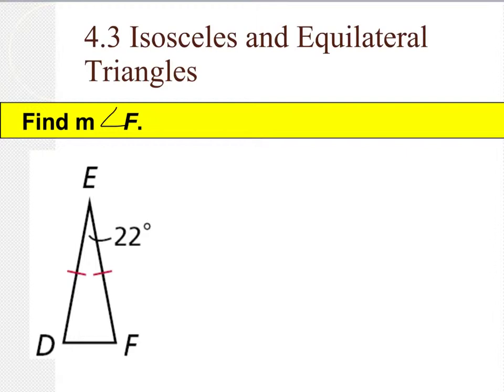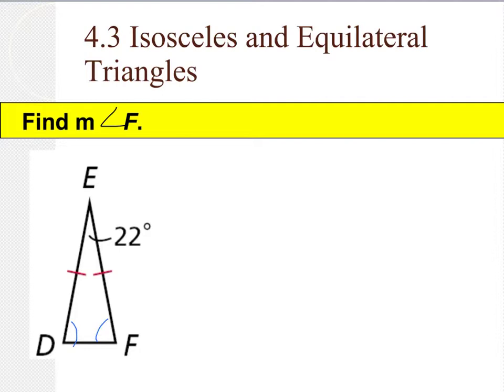It's the only measurement that we know of. However, we also know that both ED and EF are congruent. If ED and EF are congruent, that tells me it's an isosceles triangle, which means D and F have to be congruent to each other based on our theorem.